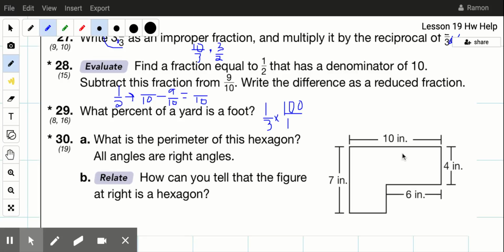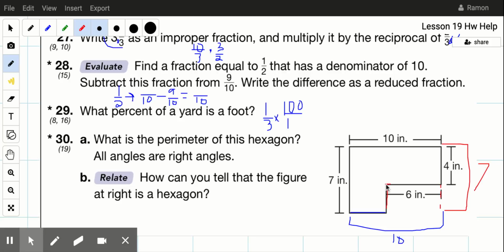38, what is the perimeter of this hexagon? All the angles are right angles. So you have to find this measure. Notice that this is 6, and this entire thing is 10. So you have to find out how much this remaining measure is, and you also have to find this remaining measure as well. If we were to extend this invisible line here, this entire thing would be 7.